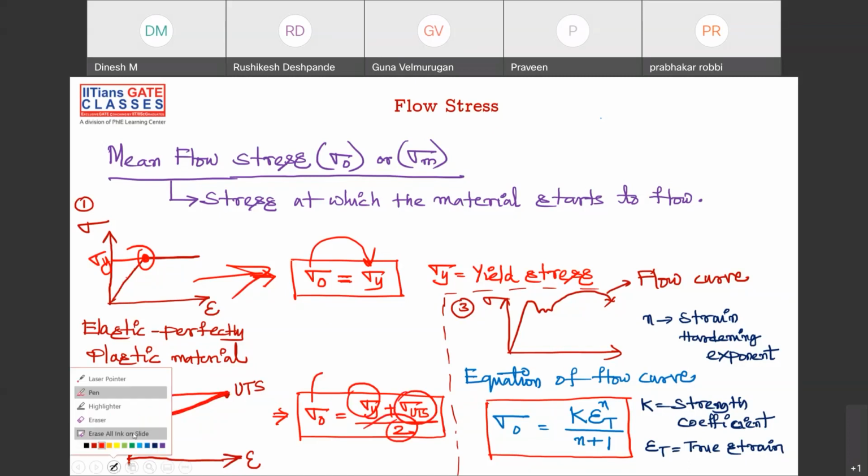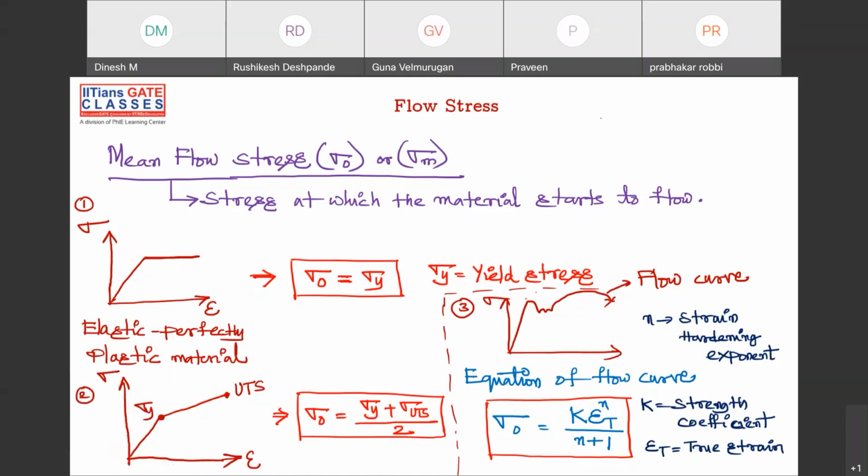Okay. Next, if you have a very complicated curve like this, then it is given by Hollomon's equation. The mean flow stress formula comes from Hollomon's equation. That is K epsilon to the power n. What is epsilon? Epsilon is nothing but true strain.